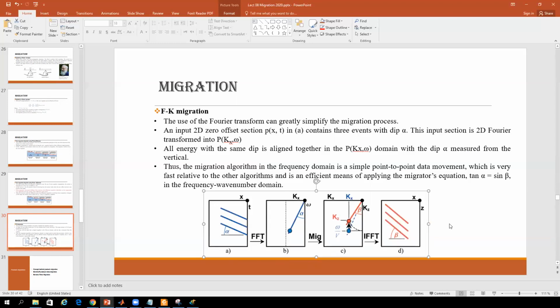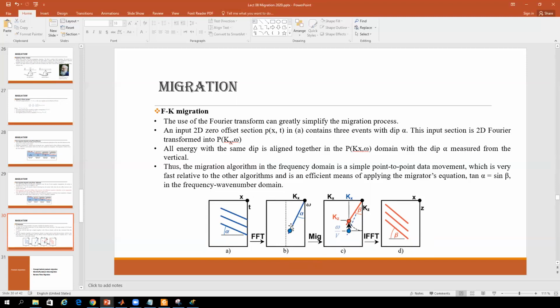So we have a seismic event in a seismic section which has a dip of alpha. If we move to the FK domain, all our events which have this dip will have the same apparent velocity.